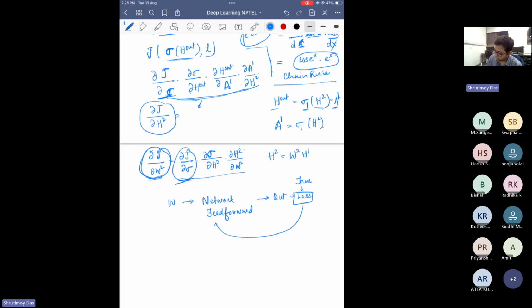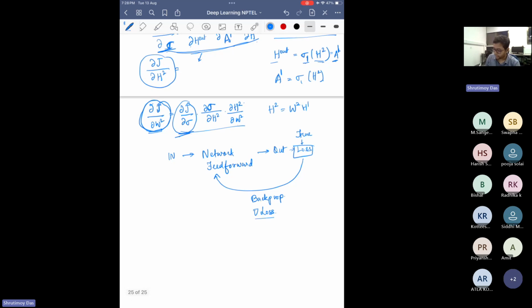Using this loss, you can do the back propagation algorithm to compute the gradient of the loss. And then once you compute the gradient, you can update the weights, W1 and W2, using gradient descent.